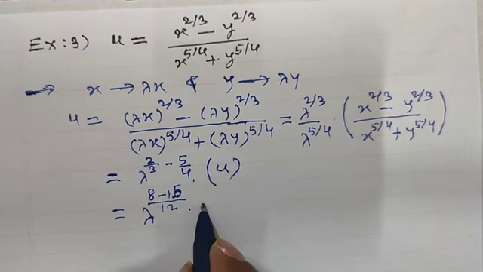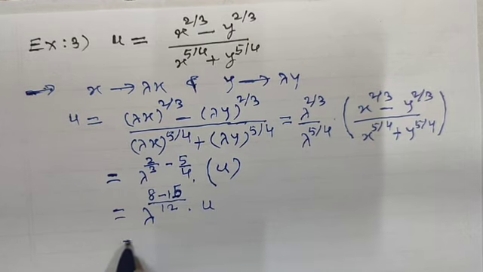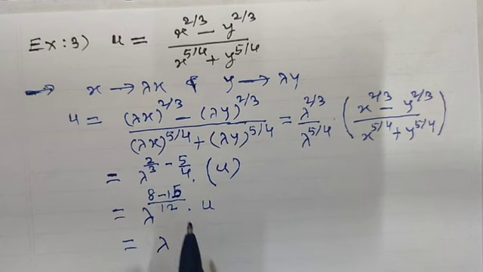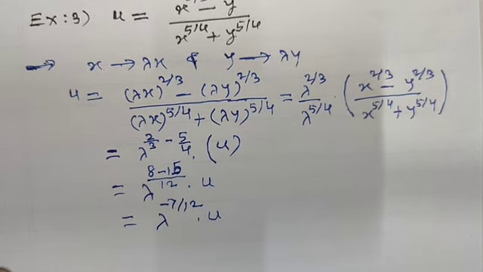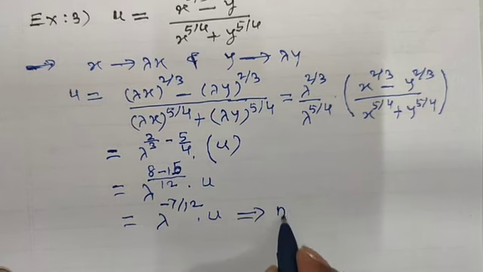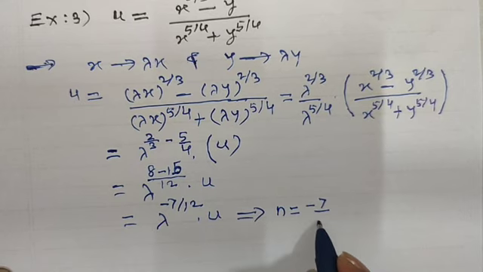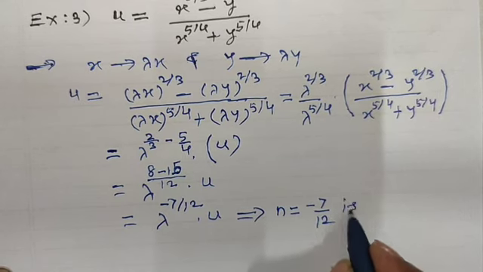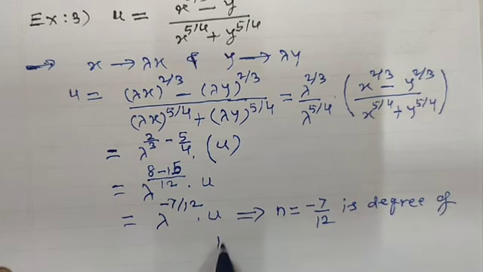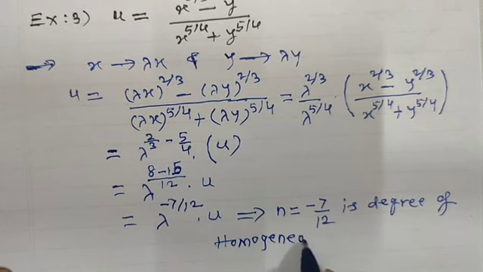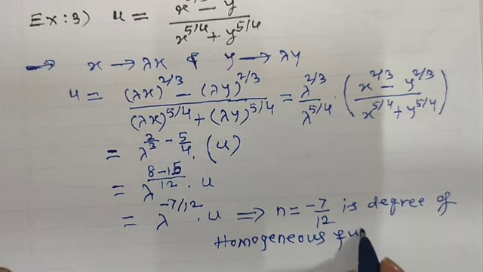Okay, into U, and this is equal to lambda to the power 8 minus 15, that is minus 7 divided by 12, U. Okay, and this implies power of lambda is minus 7 upon 12. This implies n is equal to minus 7 upon 12, which is the degree of the homogeneous function U.